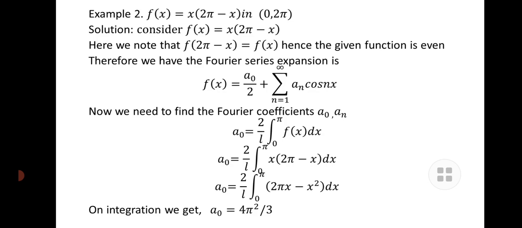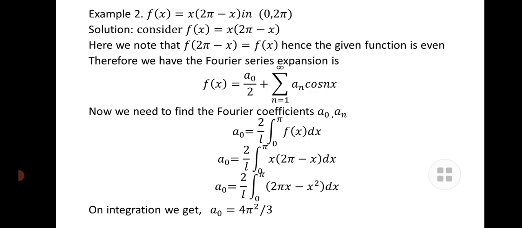On integration we will get a0 is equal to pi square divided by 3, because we already know that the integration of 2 pi x is 2 pi x square divided by 2, and the integral of x square is x cube divided by 3.